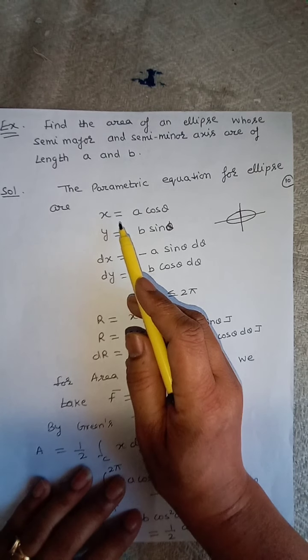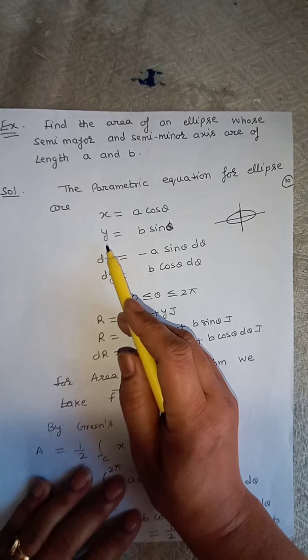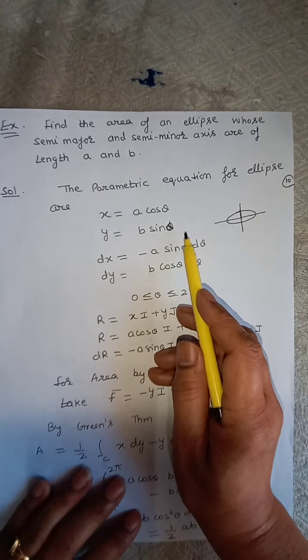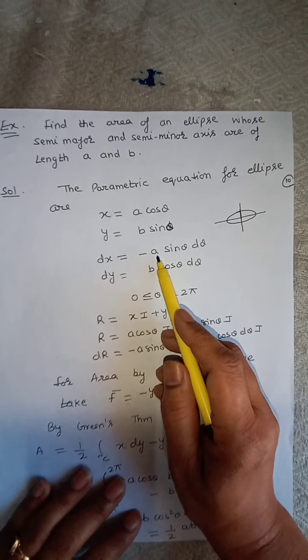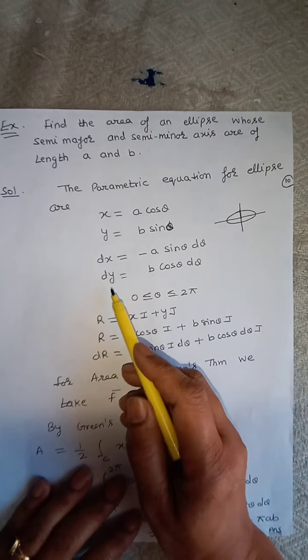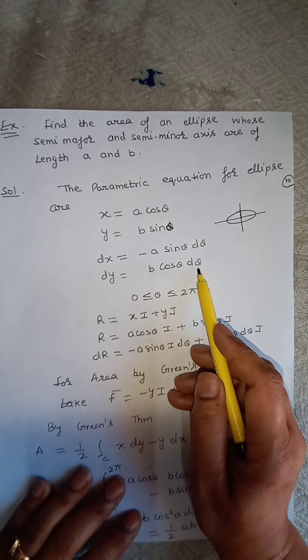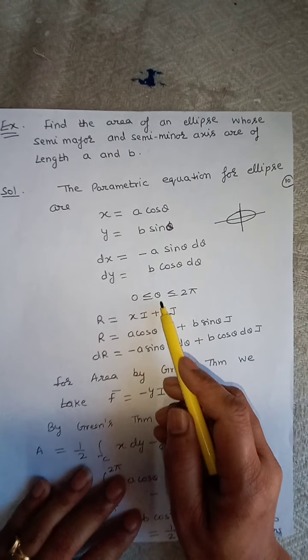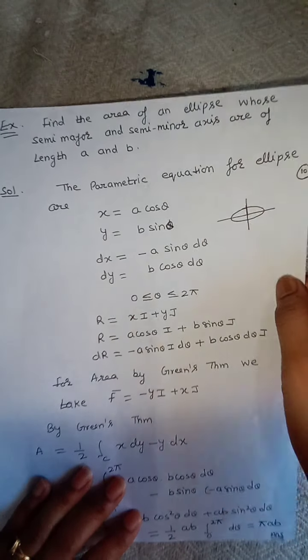Parametric equation for ellipse is x equal to a cos theta, y equal to b sin theta, dx is equal to minus a sin theta d theta, dy is equal to b cos theta d theta, and the value of theta is from 0 to 2 pi.